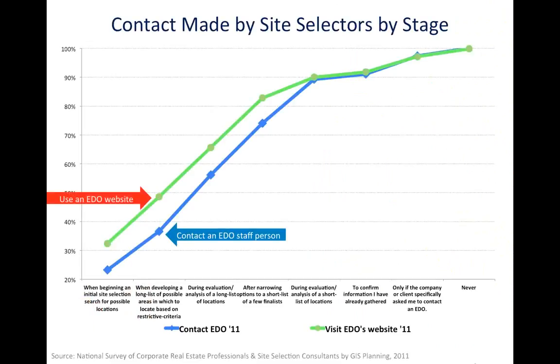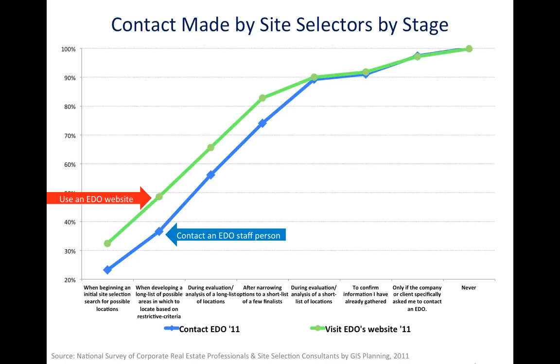The other issue to understand, and this gets back to this issue of do-it-yourself and self-serve types of business processes, is that businesses like yours are doing their research. Corporate real estate professionals, site selection consultants, they're doing their research online before they ever talk to economic development organizations for assistance.